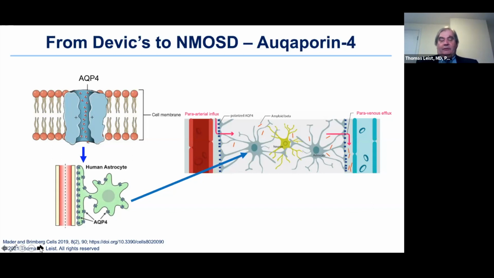So you see over here that this aquaporin 4 is actually very important in maintaining health within the tissue, and aquaporin 4 is expressed in certain very specific areas of the central nervous system.